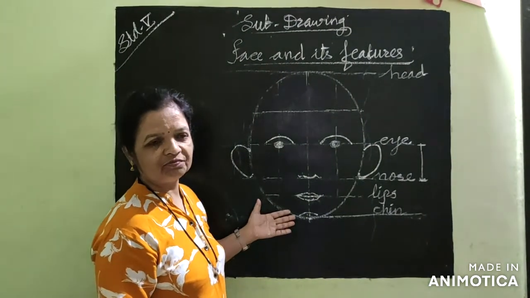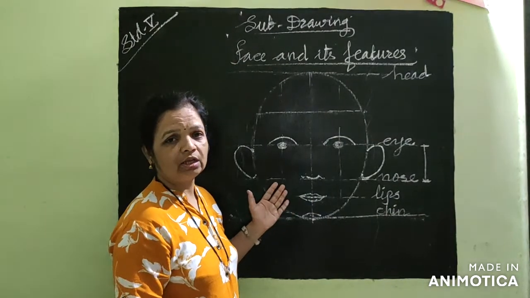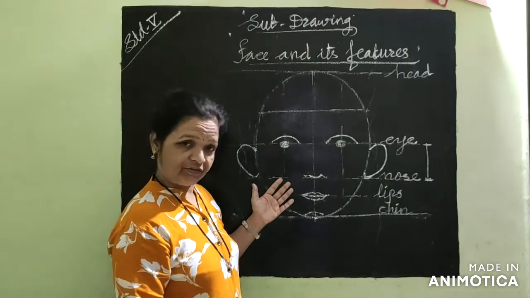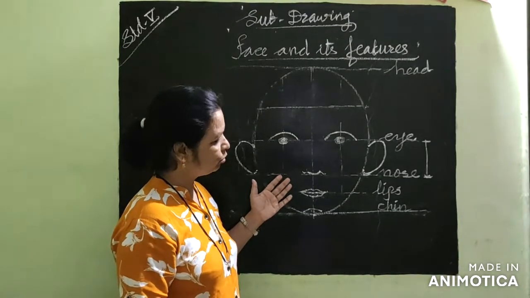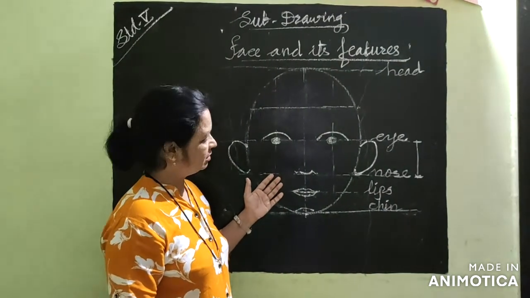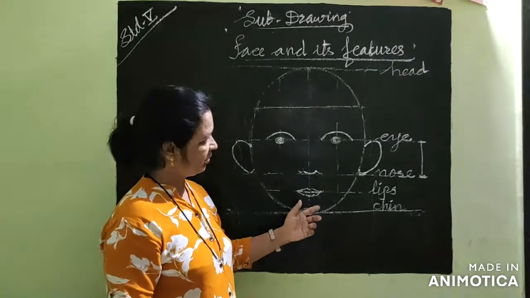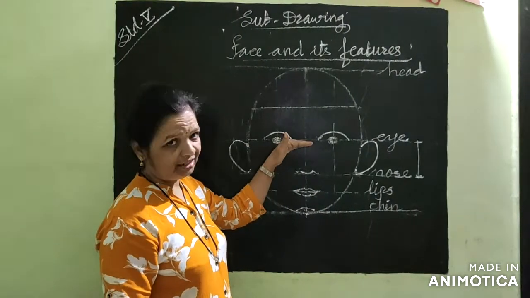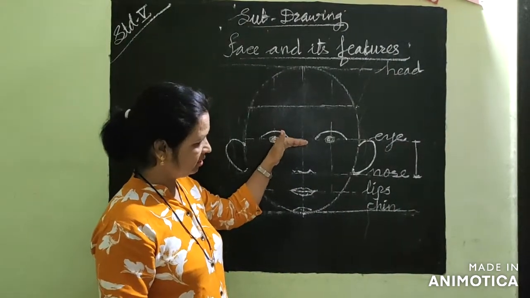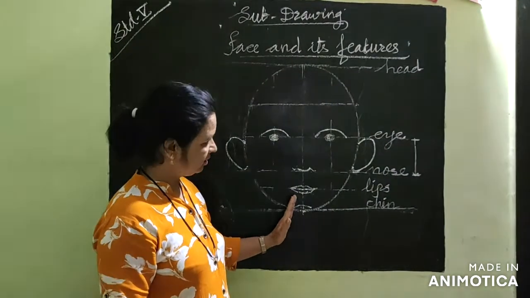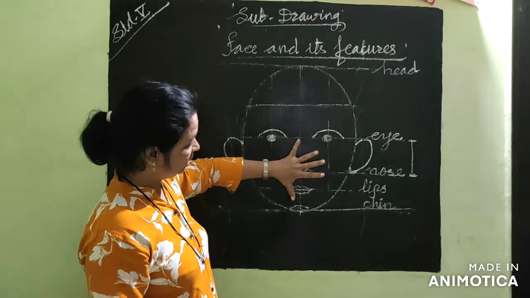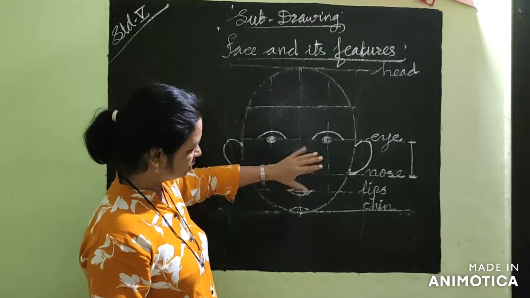These are the common features of how to draw a front face. Understand? It is very easy to memorize this. Take an oval shape, equally divide it, draw a horizontal line, then equally divide with a vertical line, then we get the downside portion.